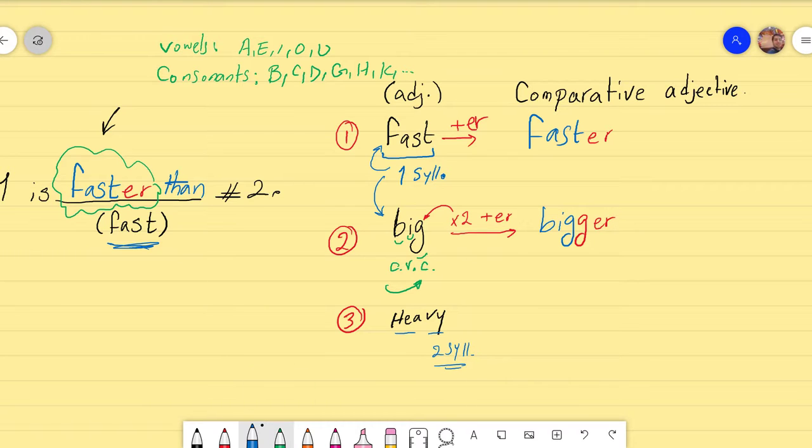But what is the last letter of heavy? It's Y. So when you have 2 syllables and you have Y at the end, we change Y to I and then add er. So what would it be? What is the comparative adjective?